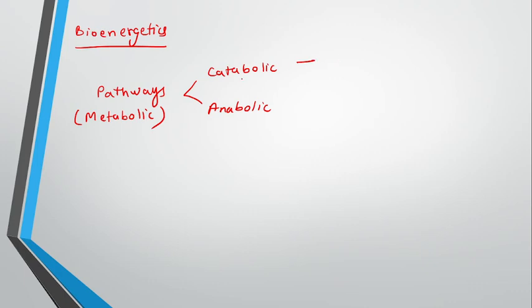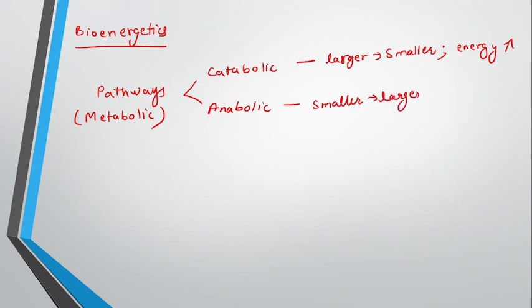So here in the catabolic pathways, the larger molecules are broken down into smaller molecules, and energy is released. In case of anabolic pathway, smaller molecules are converted into larger molecules, and here energy is consumed.